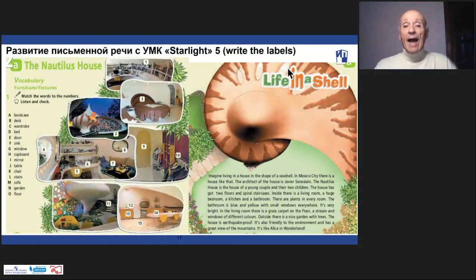How to develop these skills? Using a variety of course books.